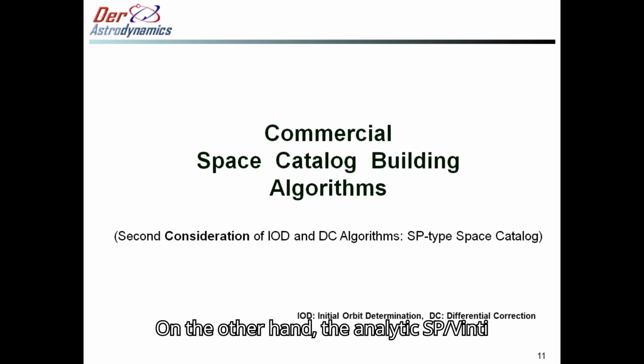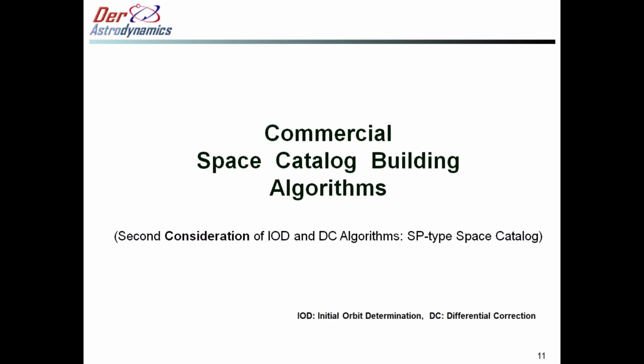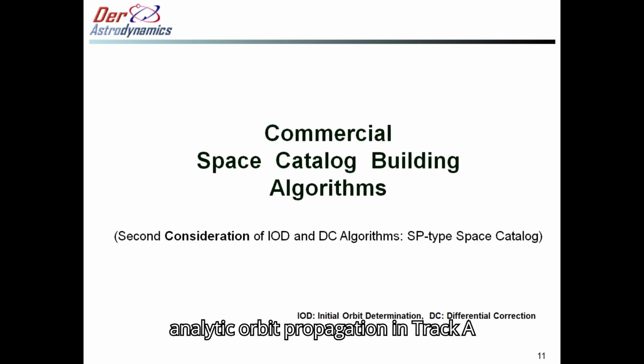On the other hand, the analytic SP Windty method improves efficiency by using directly the accurate state vectors in the SP space catalog for analytic object propagation in track association, UCT processing, conjunction and collision analysis, prediction for future pointing, among others.